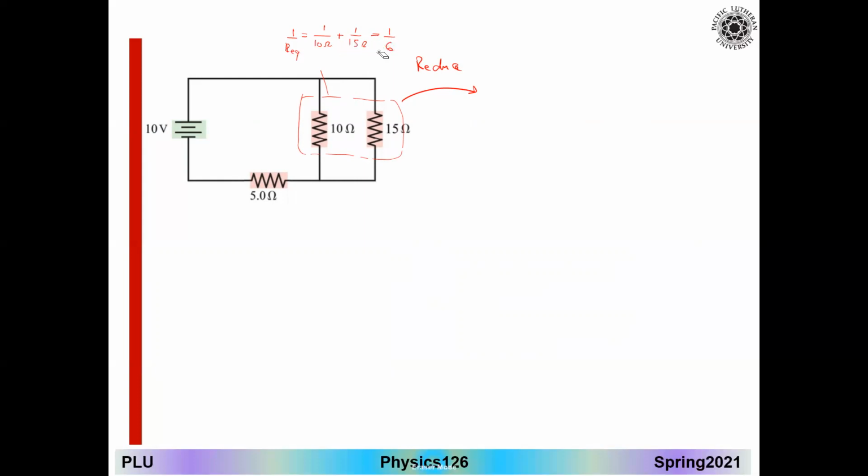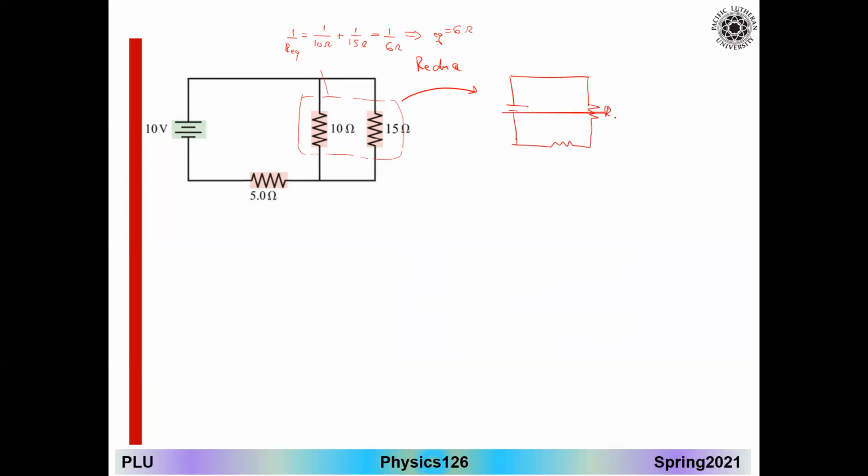So from here, we end up with our R equivalent, which we call the equivalent resistor, equal to 6 ohm. Now I want to draw my circuit in a new shape after the reduction. It's basically the voltage source connected with the R equivalent, 6 ohm, and connected to the 5 ohm resistor.